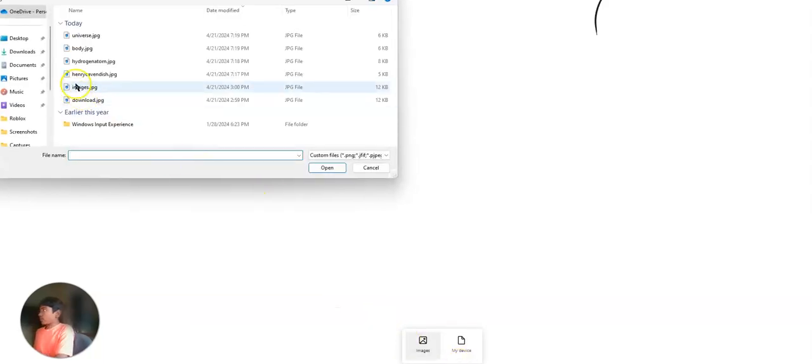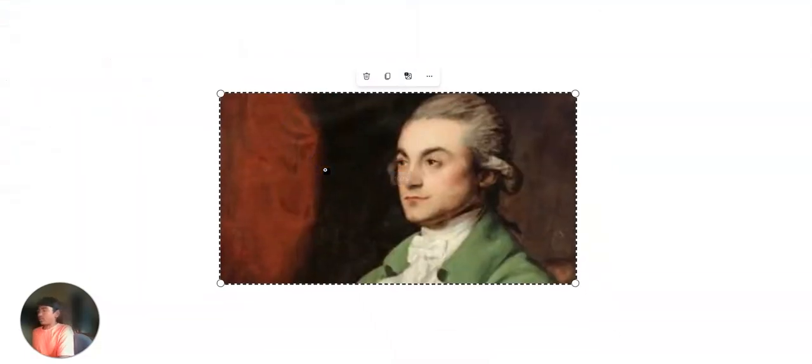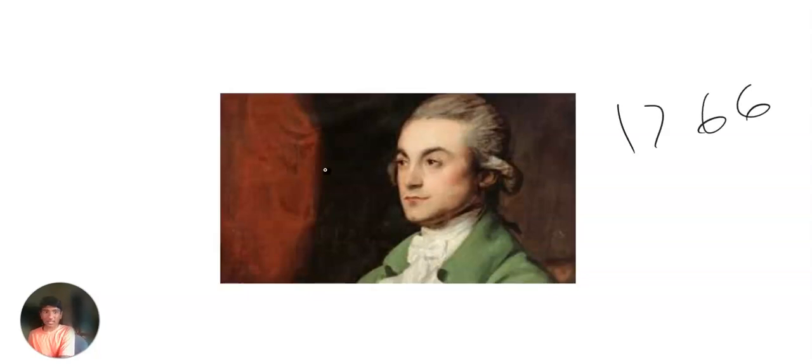Hydrogen was discovered by an English physicist named Henry Cavendish. Sorry, my bad. An English physicist named Henry Cavendish in 1766.